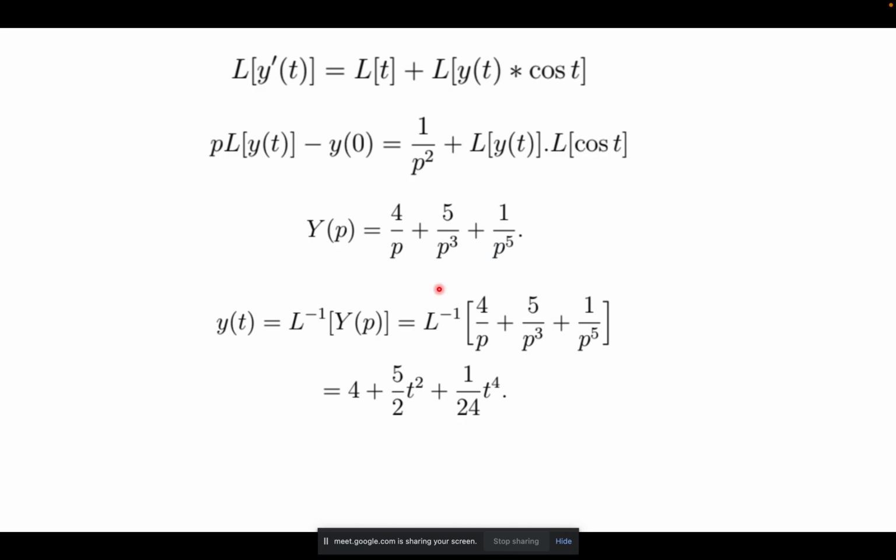To find y of t, you need to take the inverse Laplace transform of this Y(p). Using the standard inverse Laplace transforms of these functions, y of t is equal to 4 plus 5 by 2 t square plus t power 4 upon 24.